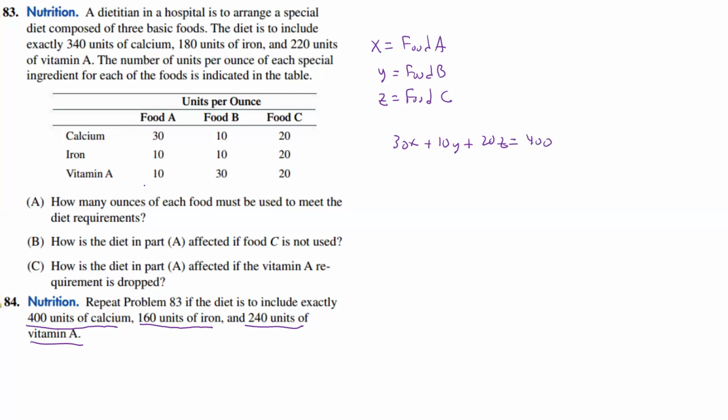Now for iron, we need 160, so we're going to take 10x plus 10y plus 20z equals 160. And then for vitamin A, we need 240, so we're going to have 10x plus 30y plus 20z equals 240. Okay. Now we have all the items we need.